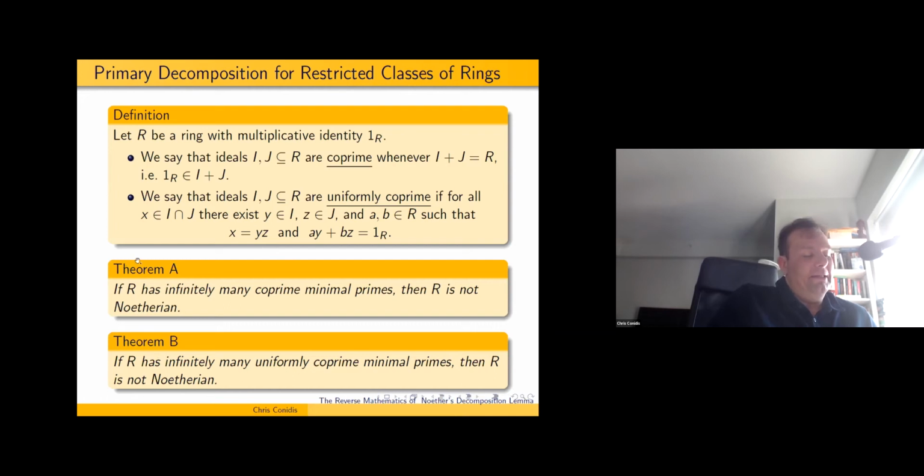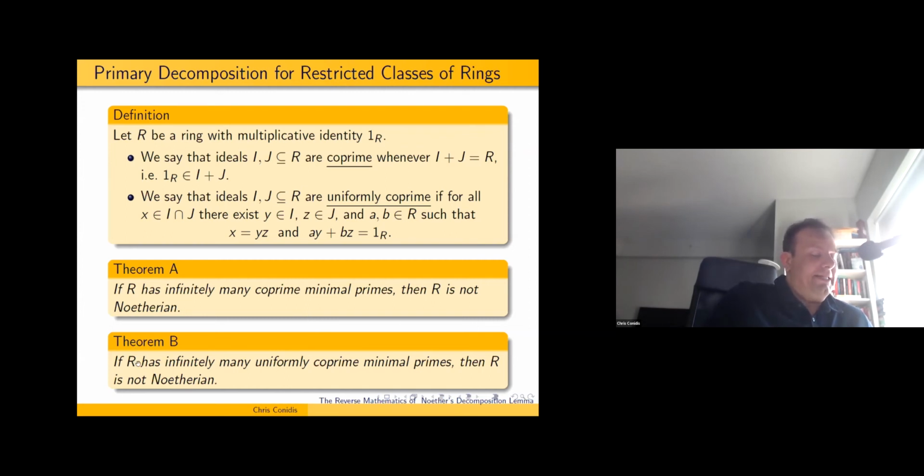Theorem A: if R has infinitely many coprime minimal primes, then R is not Noetherian. Theorem A is the same as the primary decomposition lemma, except now I'm also requiring my infinitely many minimal primes to be coprime relative to each other. So every pair of minimal primes sums to the entire ring.